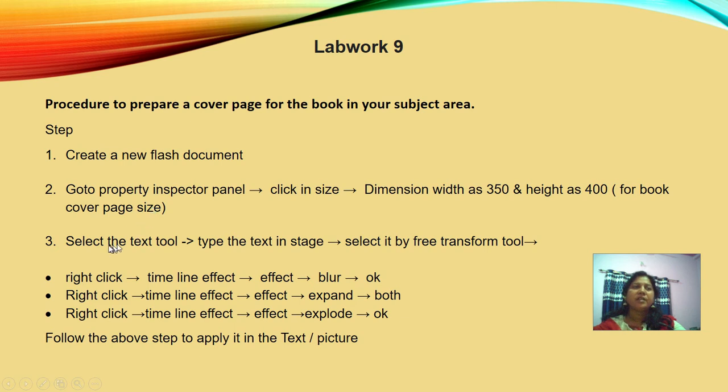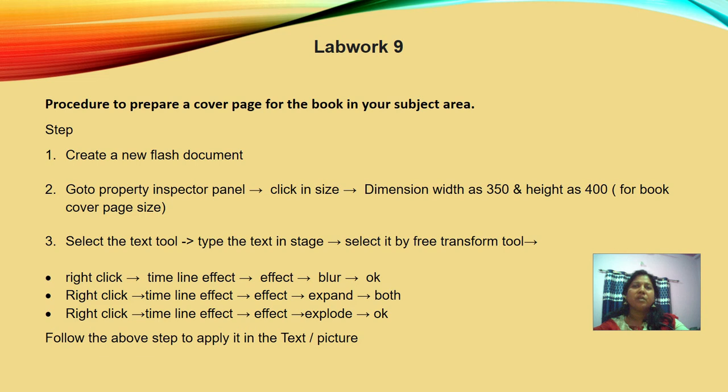Then select the text tool. As you know, with the text tool you can type lots of text on your book cover page area, and you can also add a picture by importing it into the stage. Then how to change the design or effect of your text?